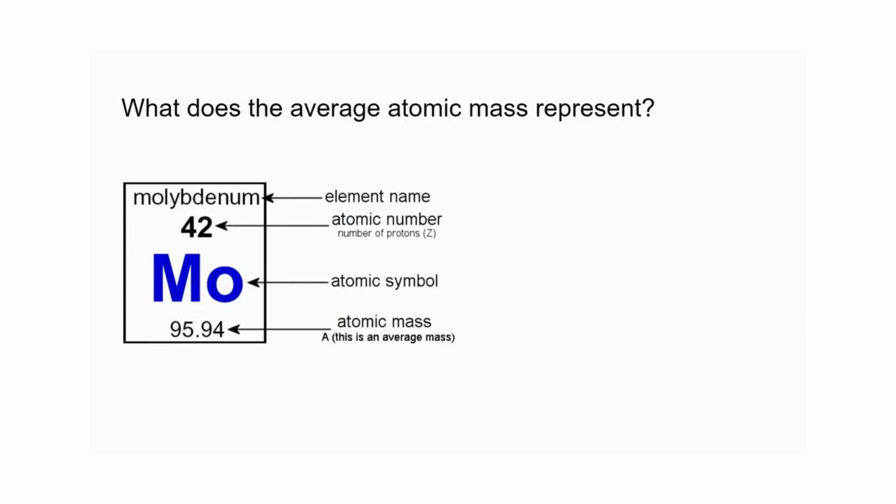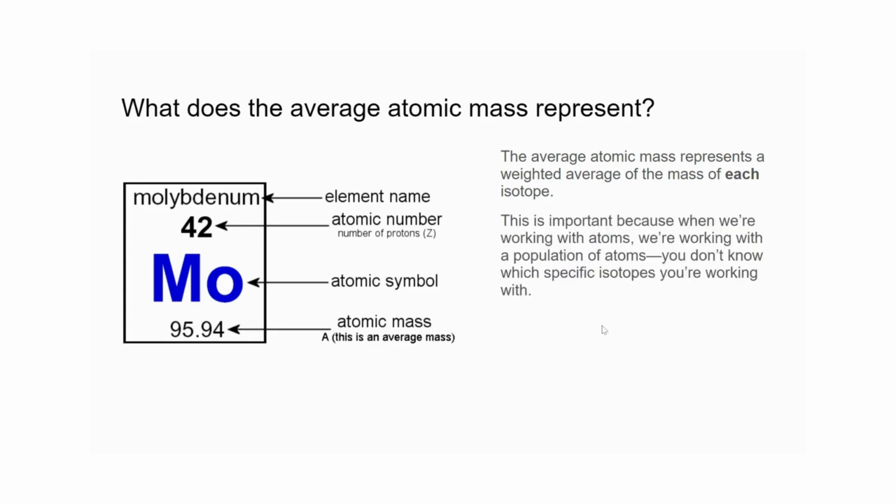Okay, so average atomic mass. When we're talking about the average atomic mass, it's a weighted average. It means that when I'm looking at each isotope's mass number, depending on how many are present within the population, we're going to see a different emphasis on them in the average atomic mass.